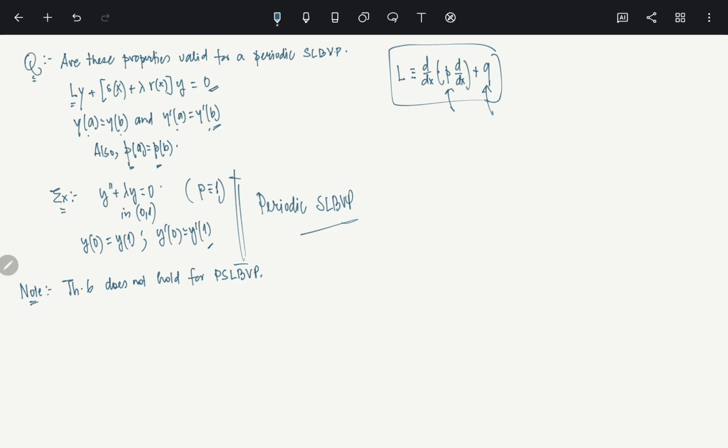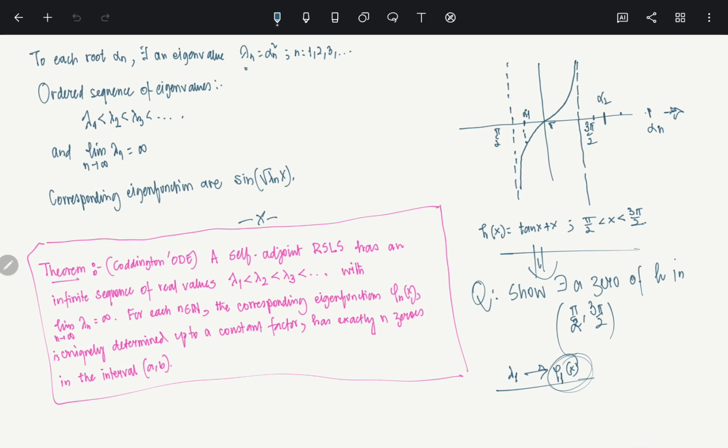So with this, what about the existence? Existence also works in a similar way. I will give you an example assignment problem where you will see exactly how different it can be. It is a little different. As part of the assignment I will give you this theorem, so you can compare the periodic Sturm-Liouville boundary value problem with the regular Sturm-Liouville boundary value problem. I hope you understood.